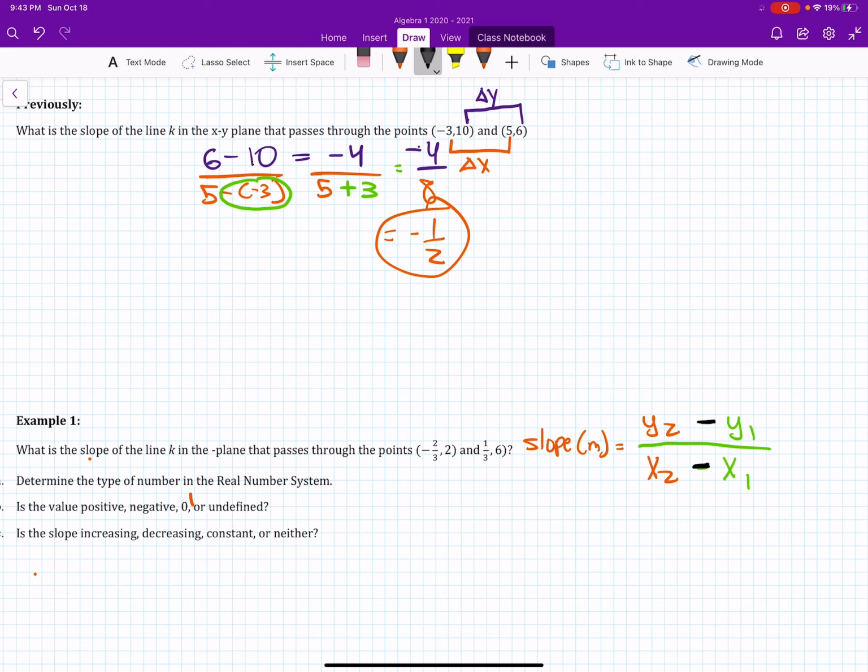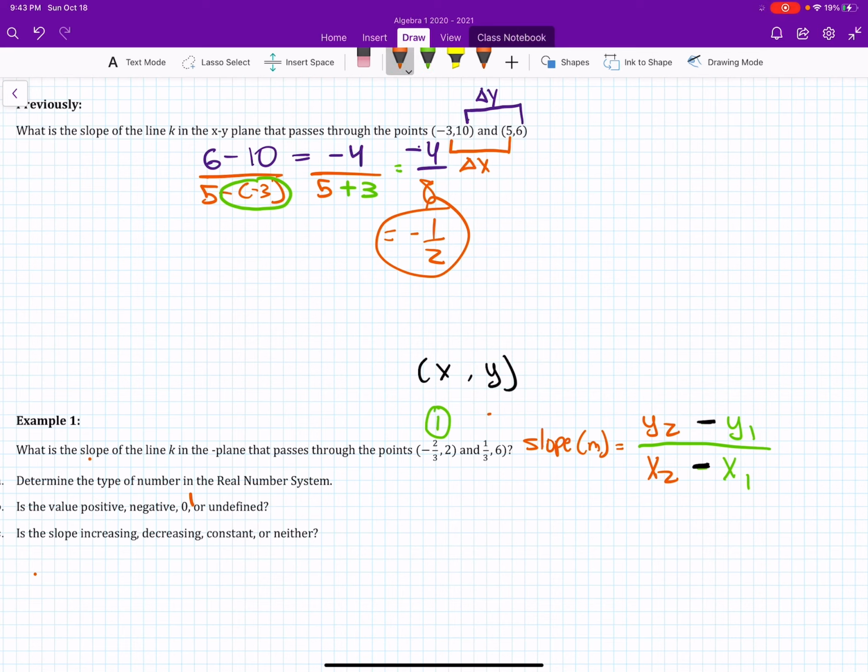All right, so what this means is that we are given points, and every point has an x value and a y value. Here we have 2 points. Our first point is -2/3, 2.